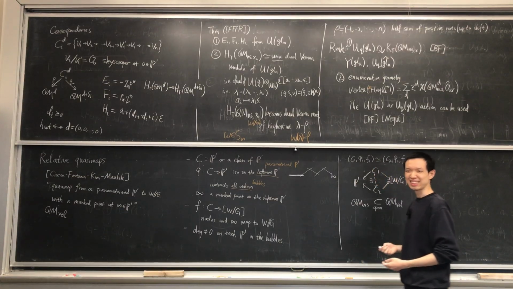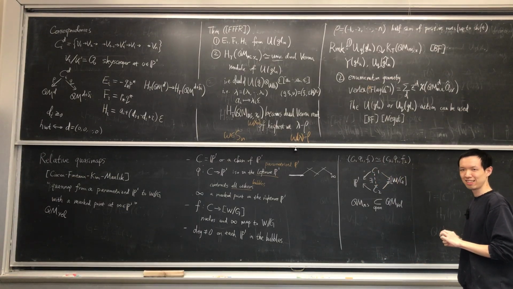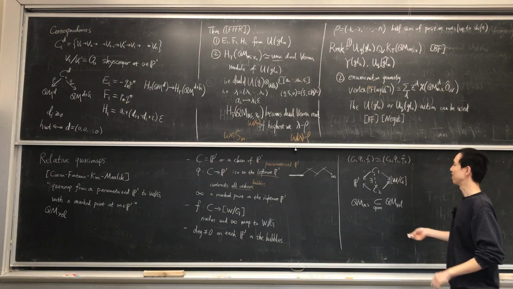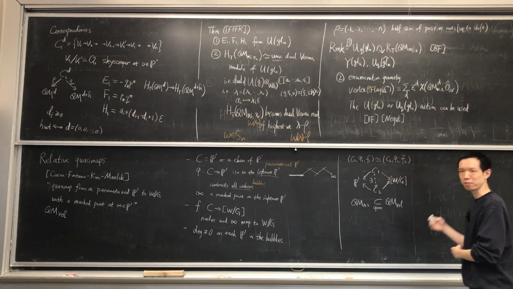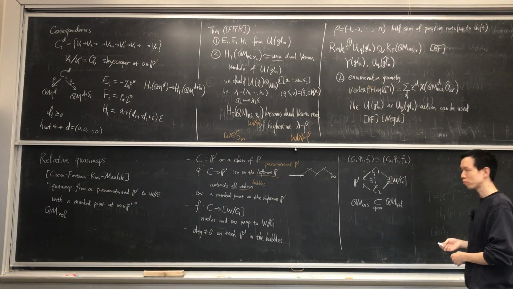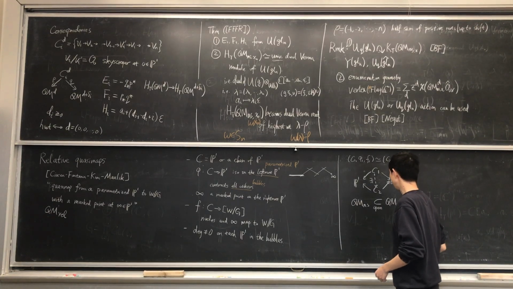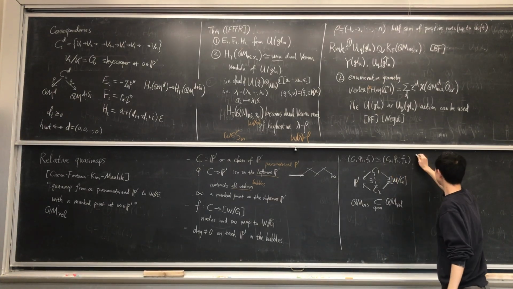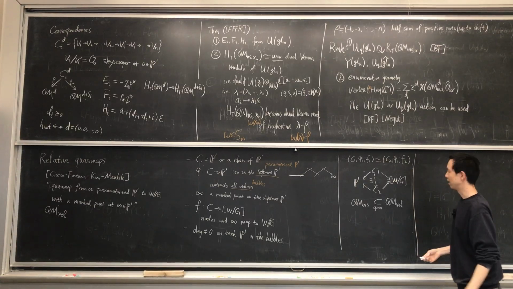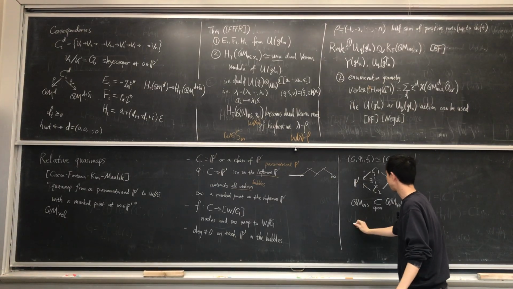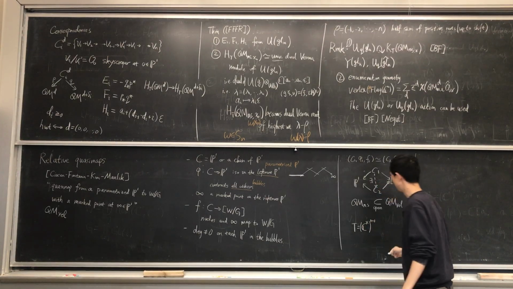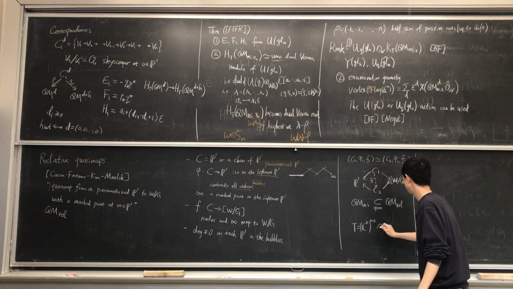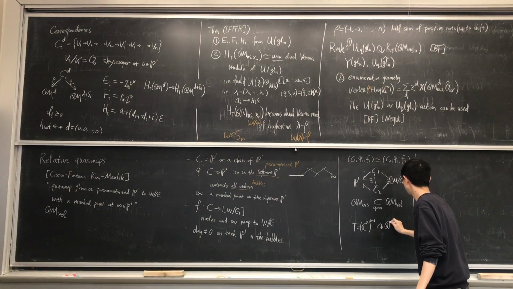Are there any questions about this definition? Yeah, right, just the ones without bubble. And of course the same torus, we still have this torus action on the relative quasimaps.